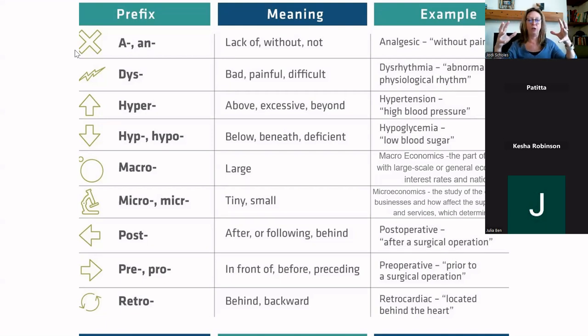We look at all the US. Whereas micro, microscope, right? Microorganism, tiny, small. Microeconomics is the study of individuals and businesses, more like small towns or cities, and how decisions made by individuals and businesses affect supply and demand. Thank God we're not studying economics, right?